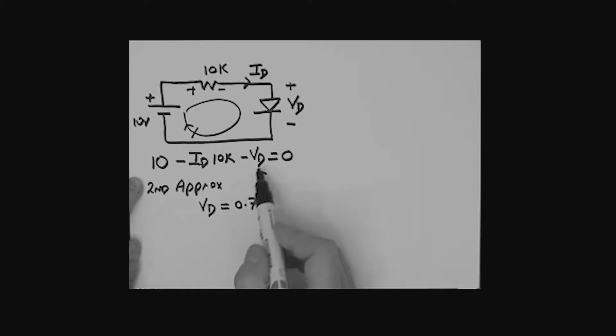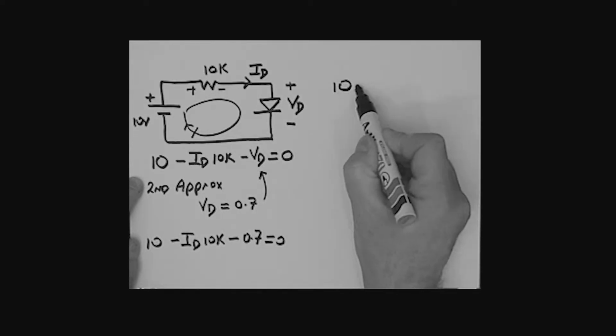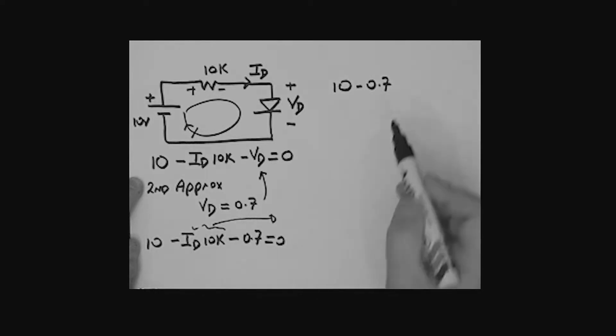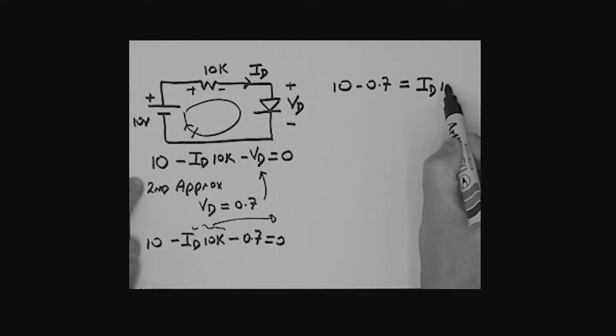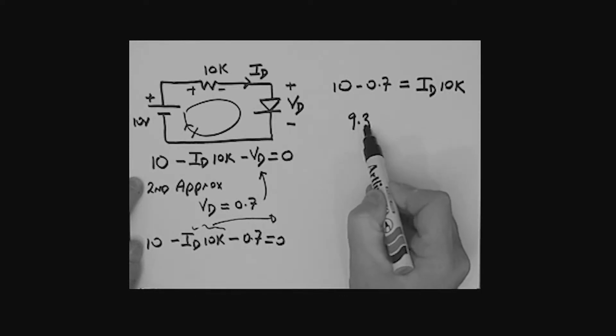So what have we got? We've got 10 minus ID times 10K minus VD, which is 0.7, all equals 0. We can collect these two terms together over here, so that's 10 minus 0.7, and if I take this term over to the other side, this becomes equals ID times 10K. 10 minus 0.7 is 9.3.